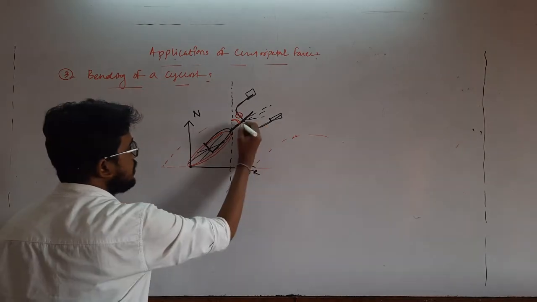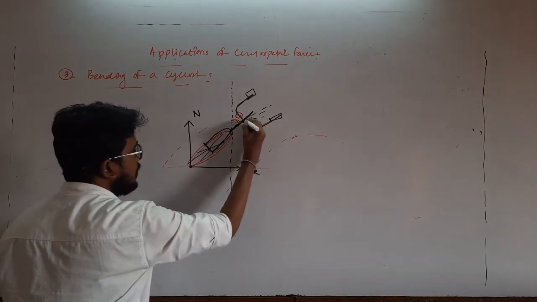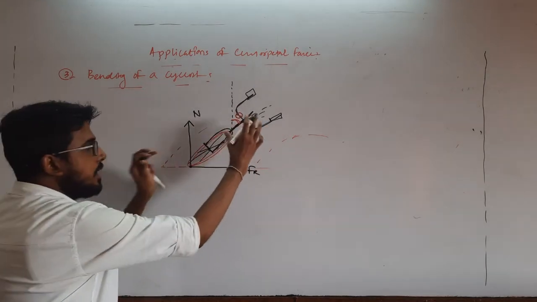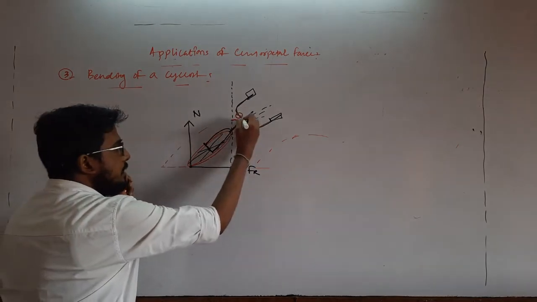Let the cyclist have the center of mass somewhere here, where the total mass of the cyclist and the cycle is concentrated.